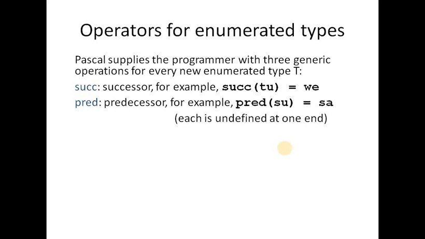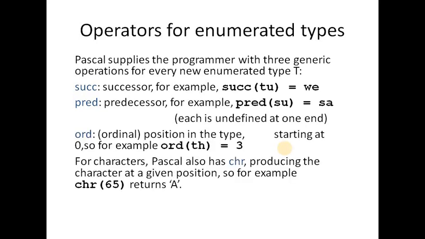Each is undefined at one end. Then there is the ordinal position, starting at 0. For example, ORD(Thursday) is equal to 3. We can count Monday, Tuesday, Wednesday, then Thursday, so the order is decided at the third position.